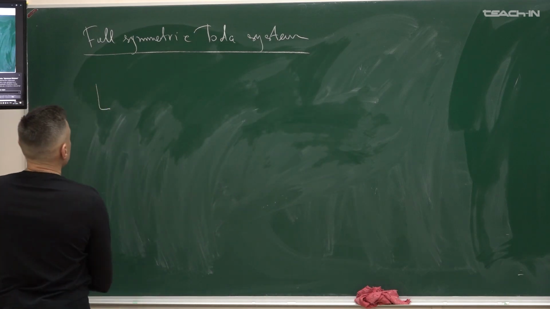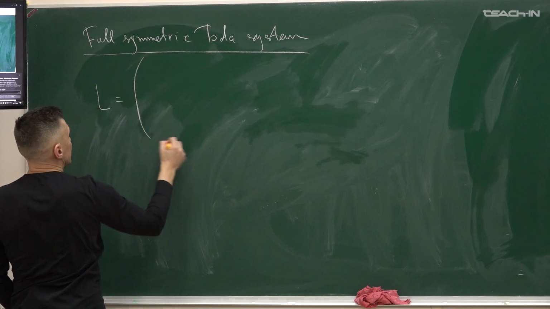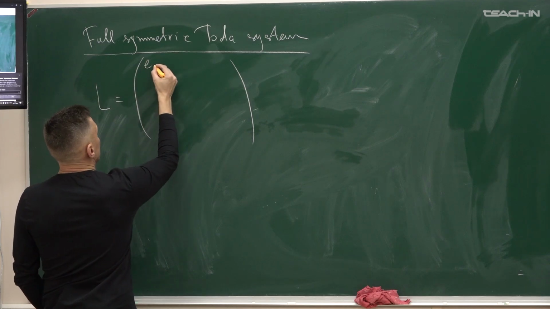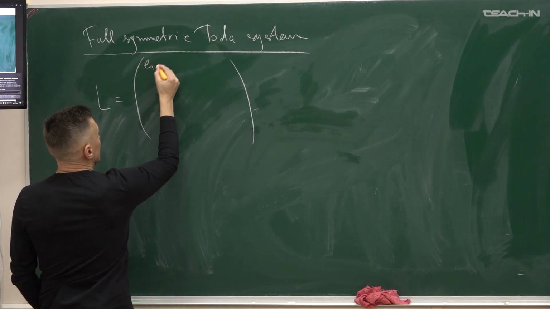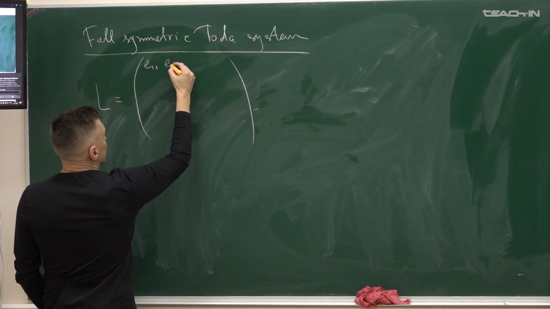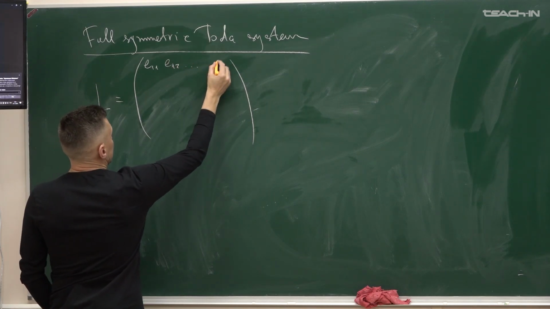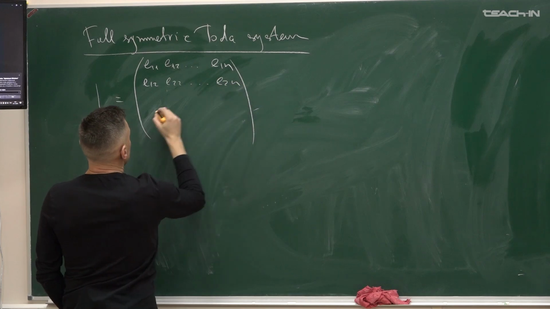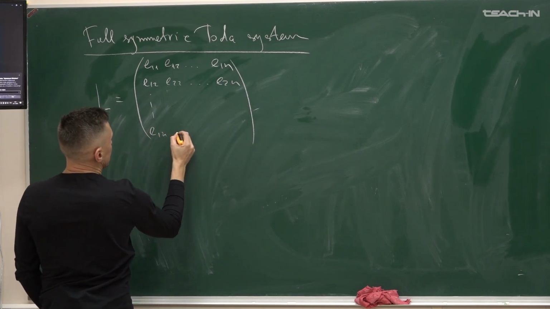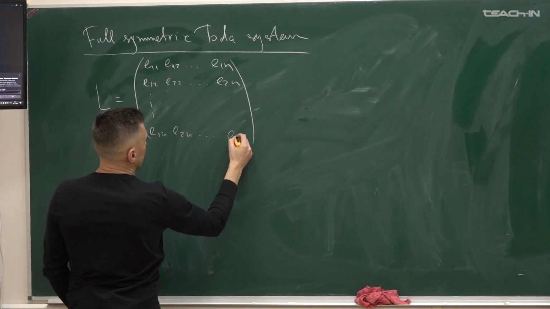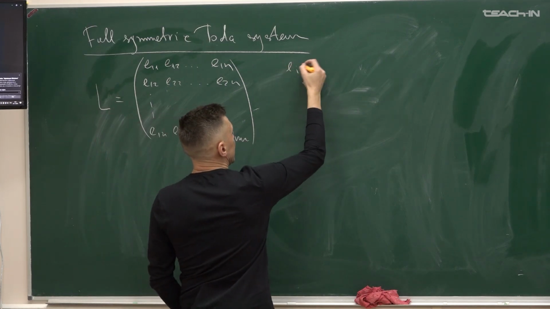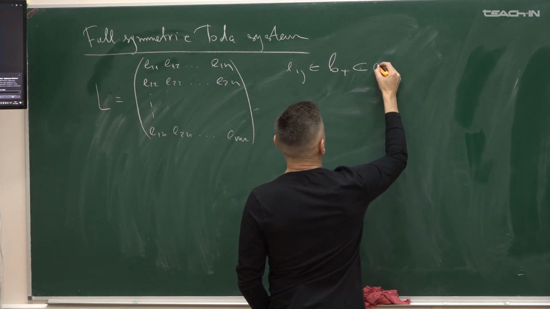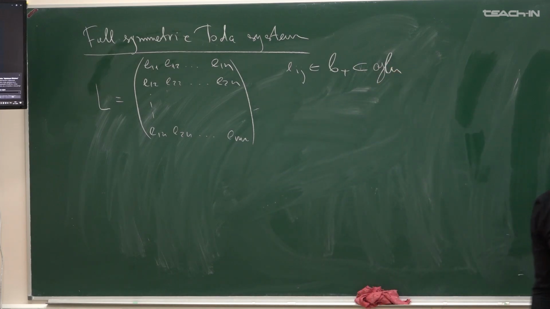We consider the Lax operator, which is a matrix with symmetric elements. But the symmetric elements will be the generators of B plus. I will write it: E11, E12, ..., E1n, E22, E2n, ..., Enn. The Eij are generators of B plus, which is a Lie subalgebra of GLn. Okay?